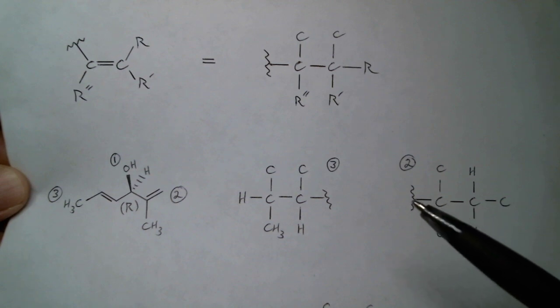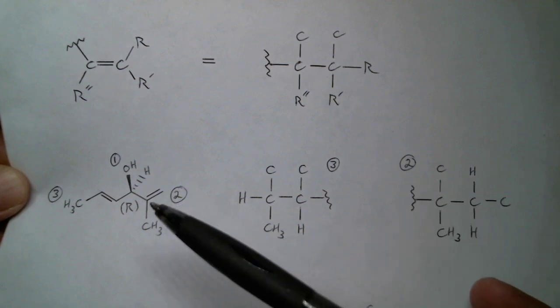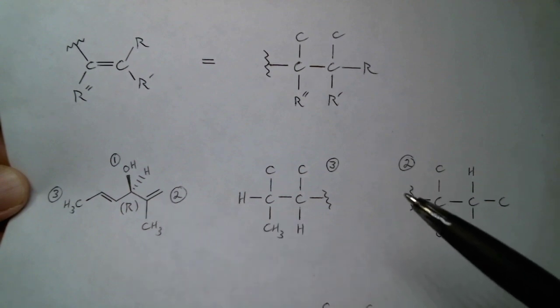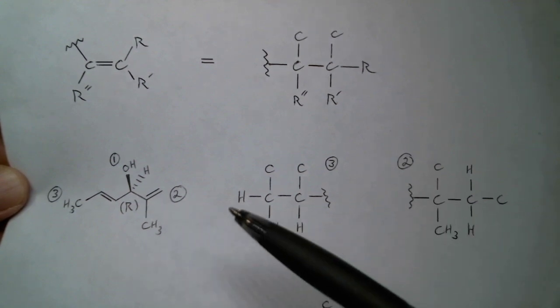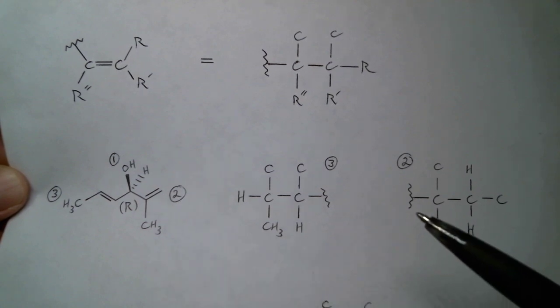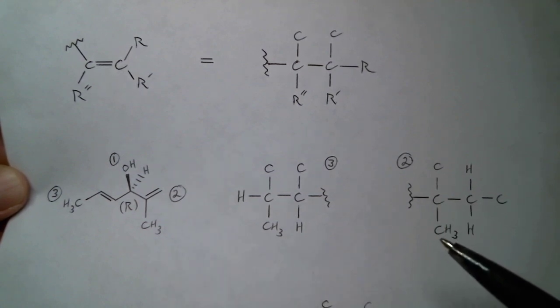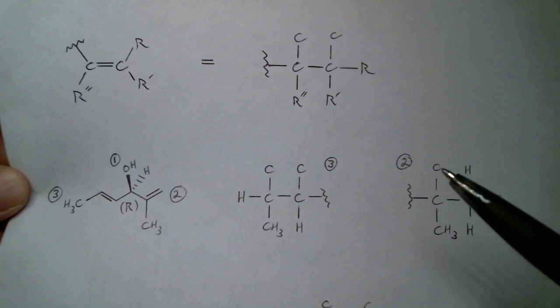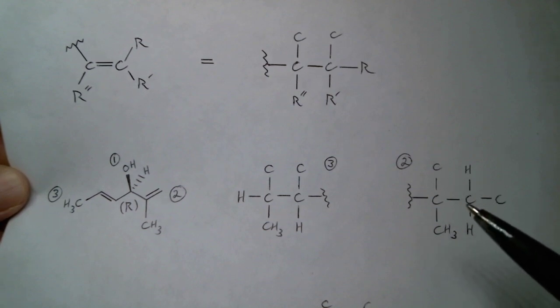Well, we'd see a carbon that's going to our stereocenter, but we've cut that off, and so how do we treat this carbon? Well, we treat it as a carbon that's bonded to a methyl group, and then it has two bonds to two other carbons by virtue of that double bond.